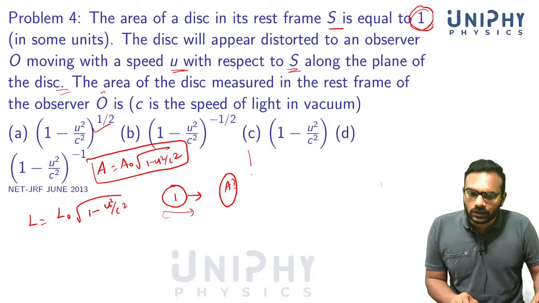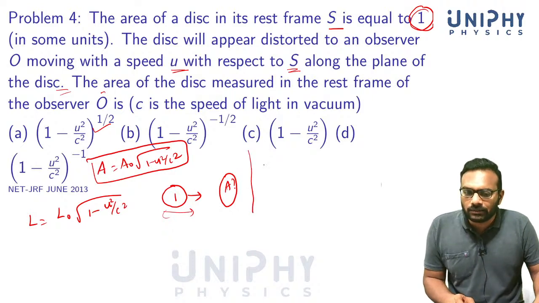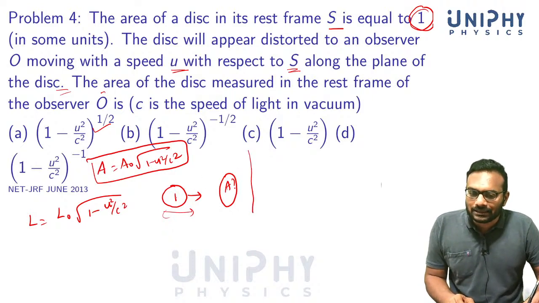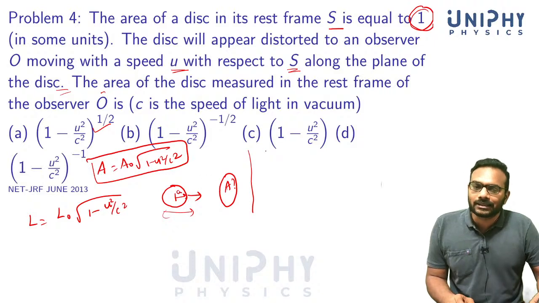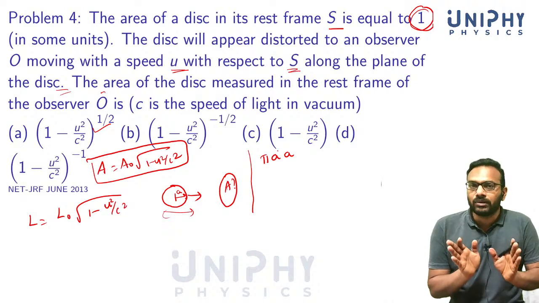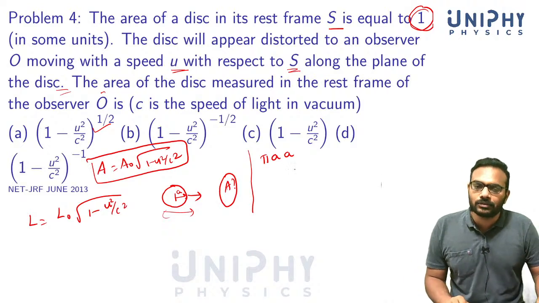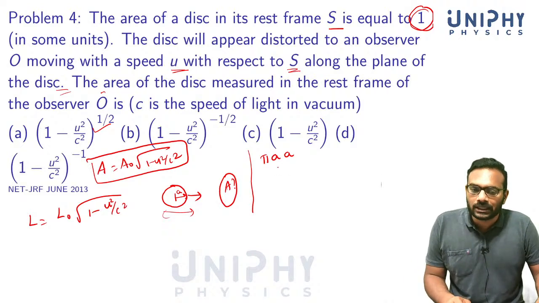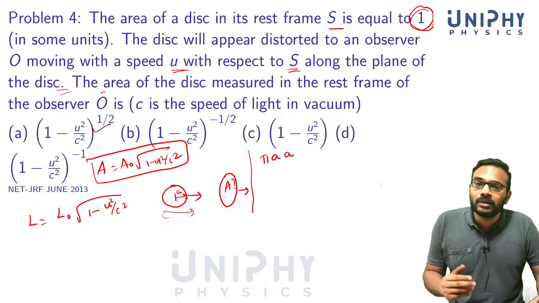Now, if you are not convinced by this, you can do this. Let's say that this disk has radius A. So the area of it is pi A square in the frame in which the disk is at rest, the usual area of the circle. Now what happens when it is moving? It becomes an ellipse.